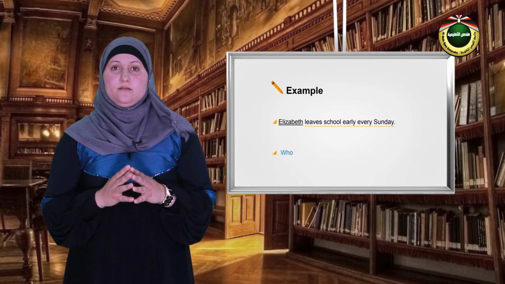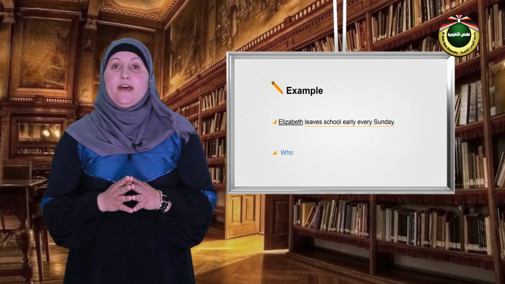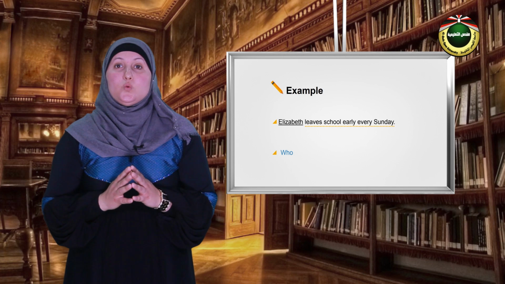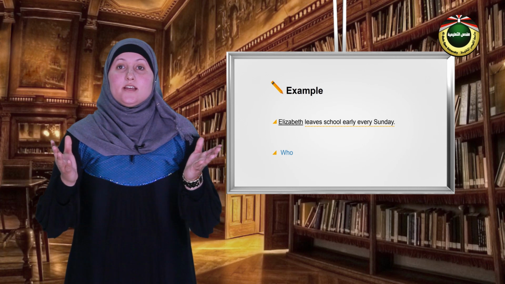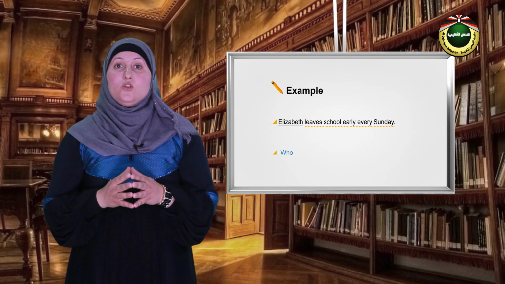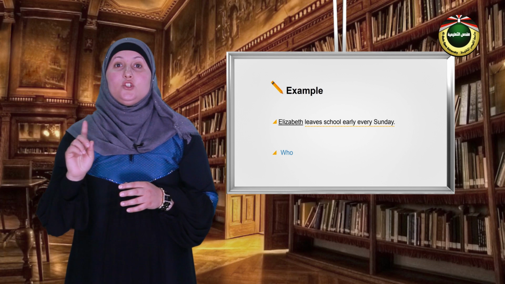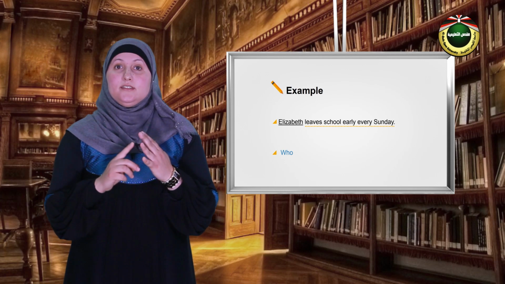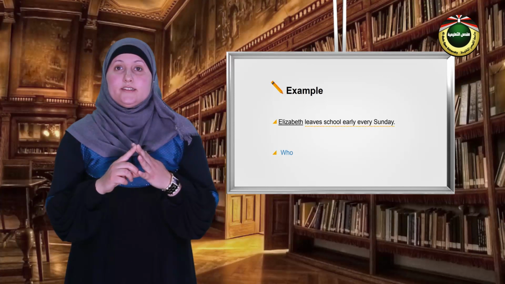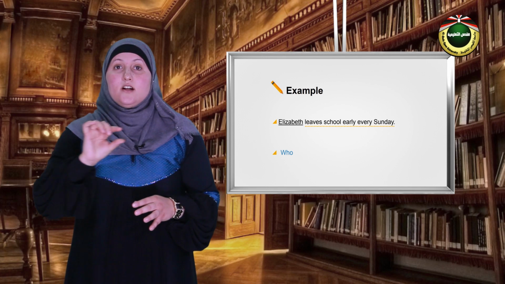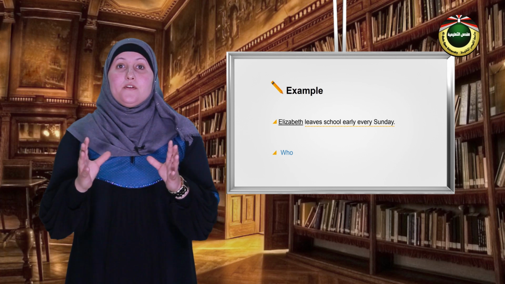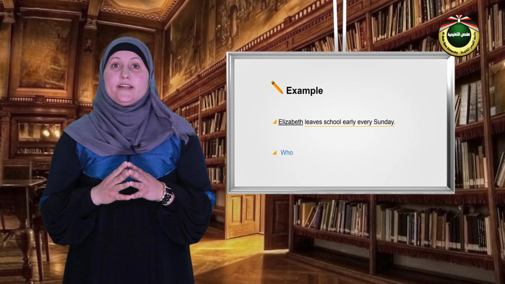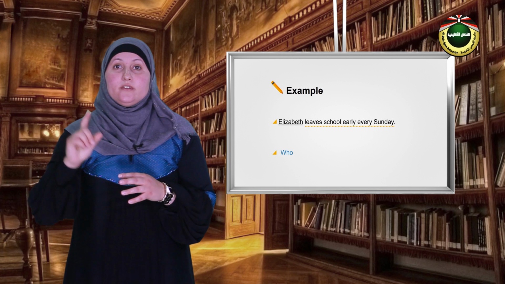The note says, when you ask about a subject, use who for a person or human, and use what for non-human. Don't use do, does, or did. Just copy the sentence as it is and use the verb as if the subject is singular.